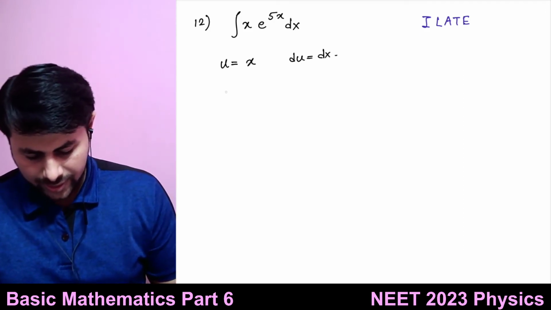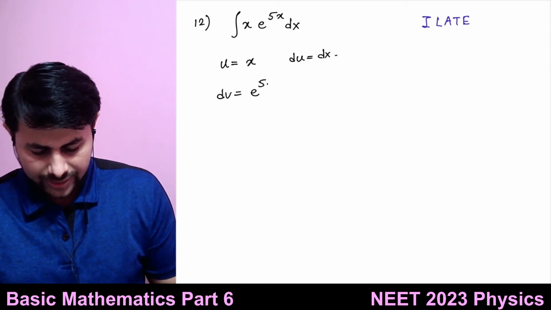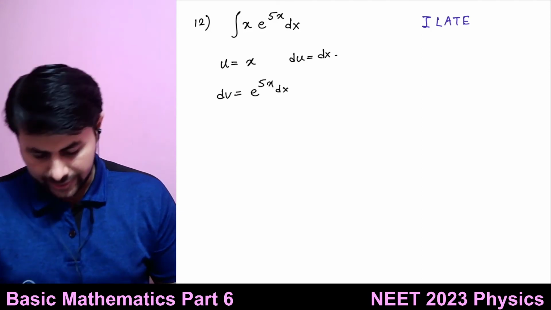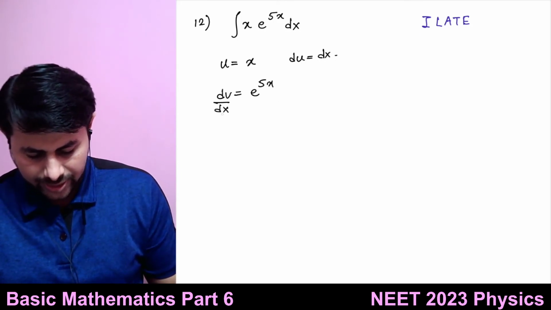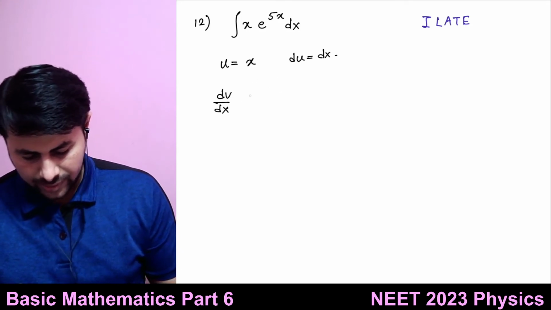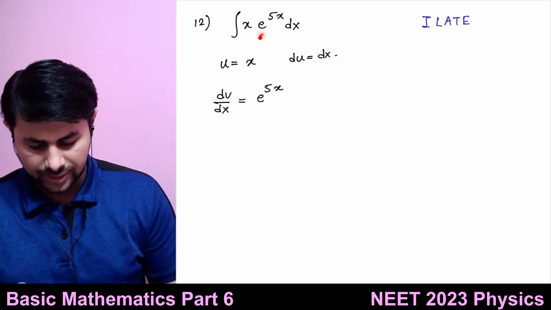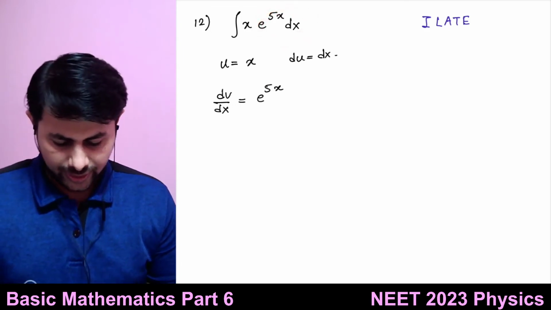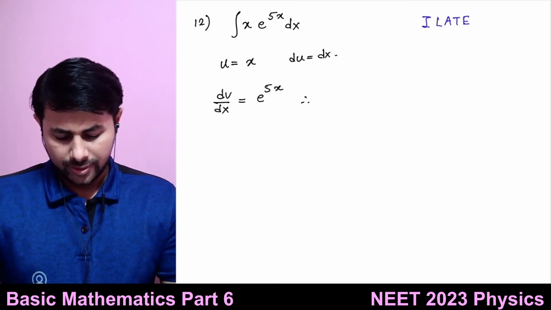Then dv equals e raised to 5x dx, or I can write dx on the other side. So dv by dx equals e raised to 5x, so this total is dv. And therefore what will be v?